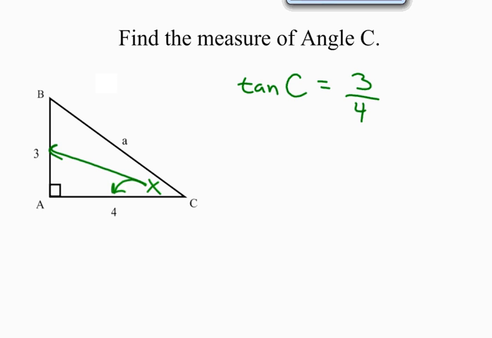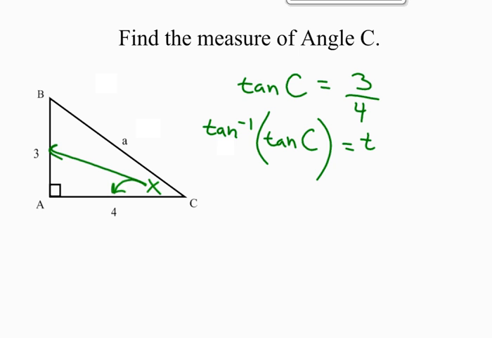Now, the tangent of angle C, this piece right here, you cannot separate the tangent and the angle C. But what we can do is undo the tangent, and this is where the inverse comes into play. We undo the tangent by taking the inverse tangent. So we're going to do the inverse tangent of the tangent of angle C. And of course, whatever we do to one side of an equation, we have to do to the other side.